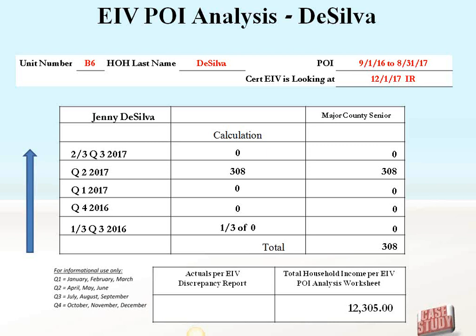So the totals from all 4 tables added up, you're correct, it's 12,305. What was the number that we were originally trying to reconcile to on the discrepancy report? 12,309.30. Very good.